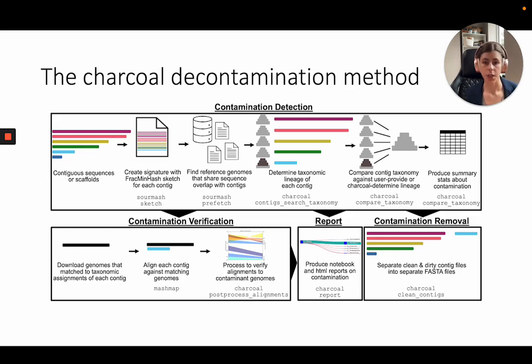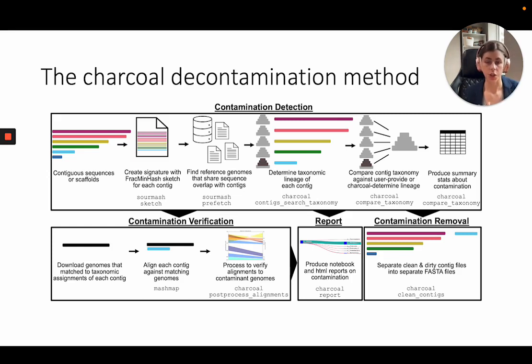Using that information, it determines the taxonomic lineage of each of your contiguous sequences. Then it votes and says, okay, most of your contigs have this lineage up to whatever user specified level. Usually the order works pretty well. And it says all of these contigs agree at this order level, but this one doesn't. So that is a contaminant contig. And then it produces a summary based on those results.